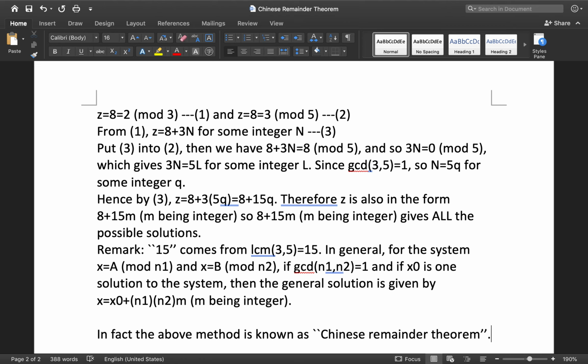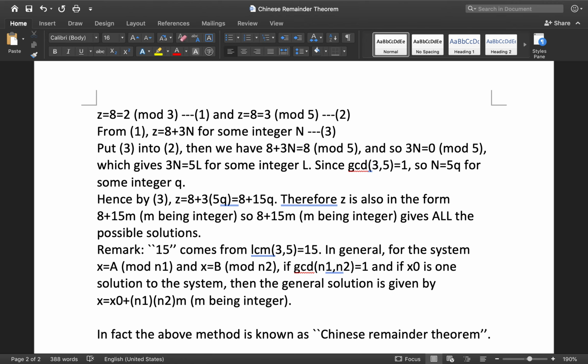This is one type of problem which we can find in some ancient Chinese books, and there is a very long history for that kind of problem.